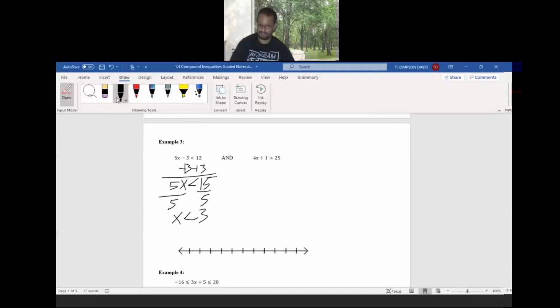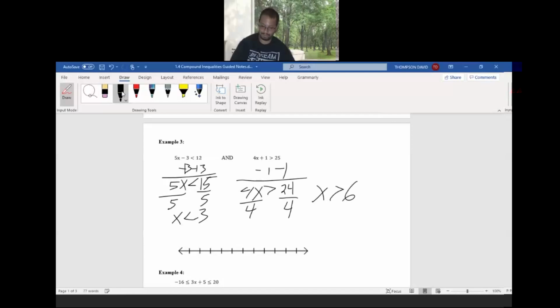For the right inequality, we subtract 1 from both sides. We get 4x is greater than 25 minus 1, which is 24. Divide both sides by 4 to get x is greater than 6.